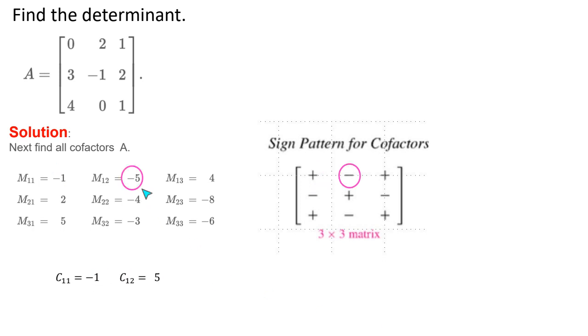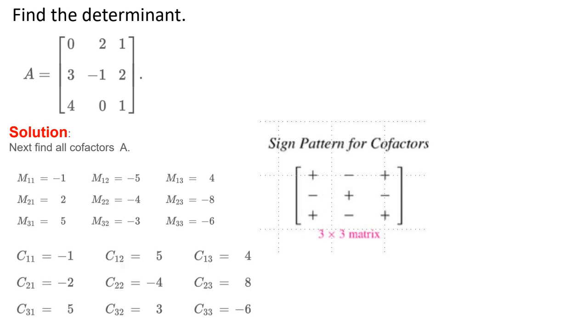Then we check the next one. -5 times a negative would make it a +5. Then we go to the next one. 4 times a positive is going to be +4. And then we keep going. 2 times a negative would make it a -2. And if we keep doing the same for each one, then we end up with this.